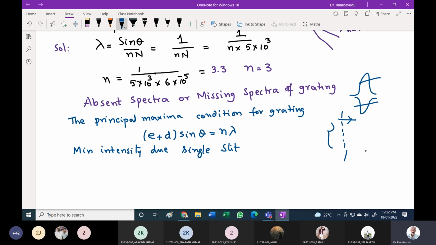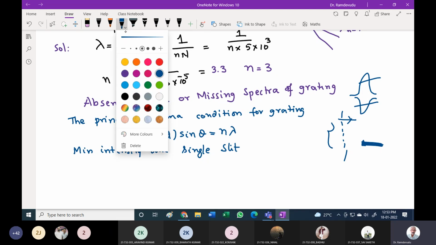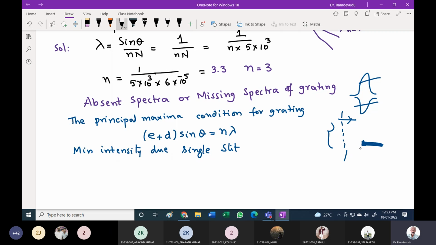The principal condition of the grating gives you a maximum, but at the same time the condition for minima due to the single slit is also satisfied by the same angle. Therefore the maxima and minima cancel each other, and that particular order cannot be seen.